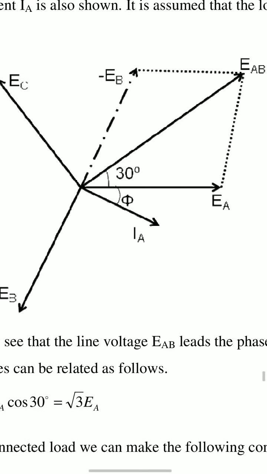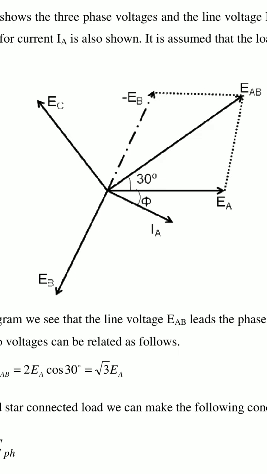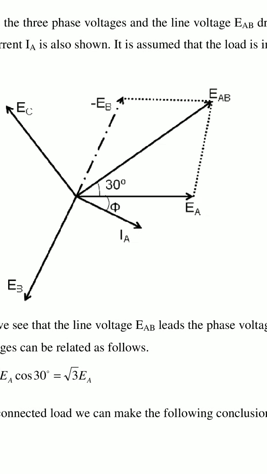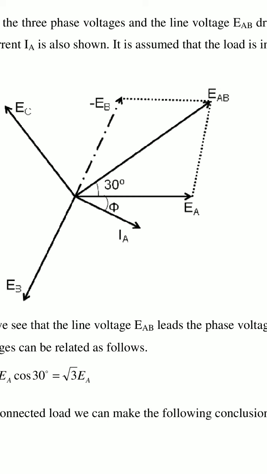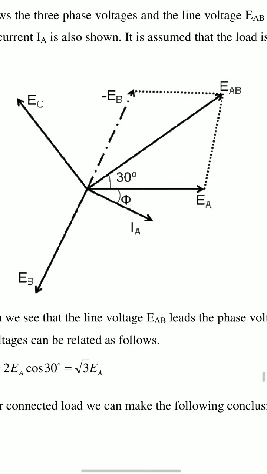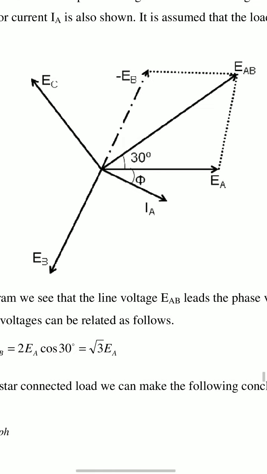See here, the angle between EA and EAB is 30 degrees, and between EB and EAB is 30 degrees. Between EA and minus EB is 60 degrees. The phase angle between EAB and IA is 30 plus 5 degrees.